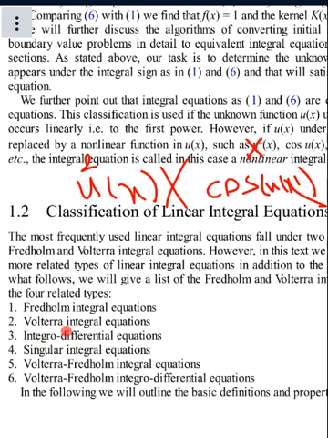We can recognize from the name of this kind of equation that this class actually includes both the integral and the derivative of the unknown function.